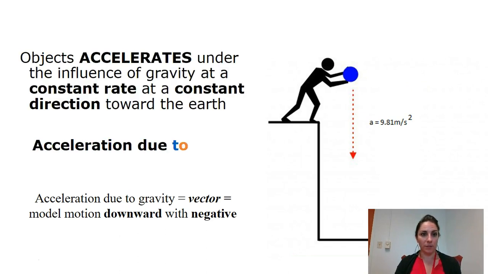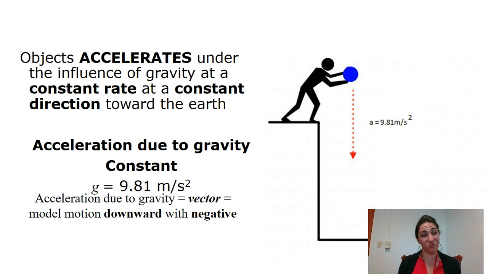Okay, so objects under the influence of gravity will actually accelerate, strangely enough, at a constant rate. That's really cool. That means everything on this Earth will gain speed as it falls the same way. Isn't that amazing? And not only is that amazing, it's a measurable value, and the value is 9.81 meters per second squared.